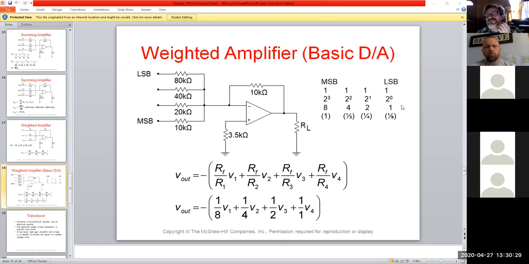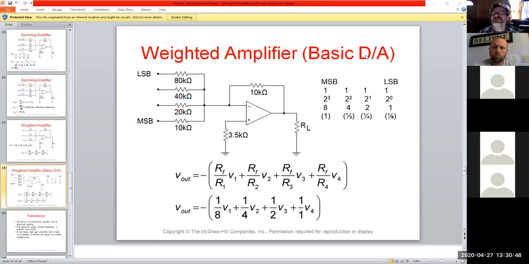And if you've done digital, really all this is powers. Anything to the power of 0 is 1, 2 to the 1 is 2, 2 to the second is 4, 2 to the third is 8, and 2 to the fourth is 16, and so on, depending on how many bits we would have.